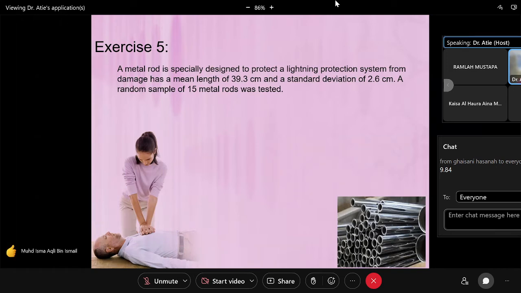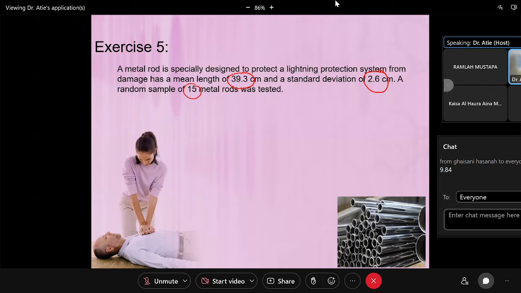Okay. So now let's go to exercise 5, right? In order to answer this one, the first thing that you need to start with, always, is the distribution. As I told you before, as you read the question, make sure you highlight or circle all the information given.